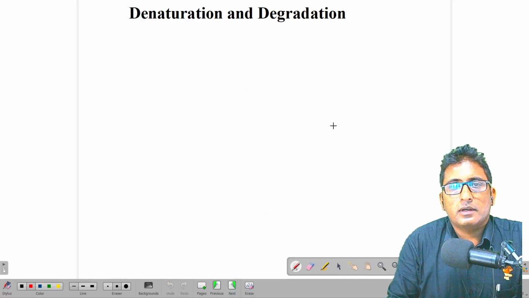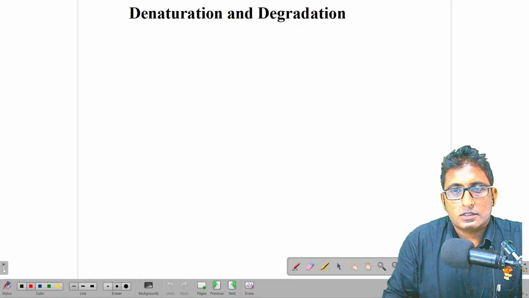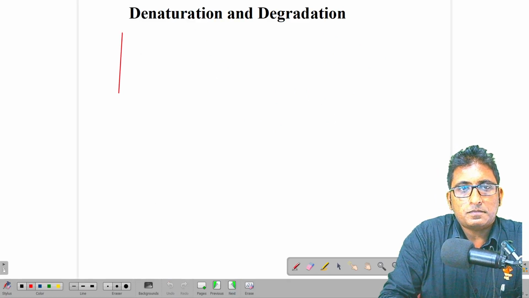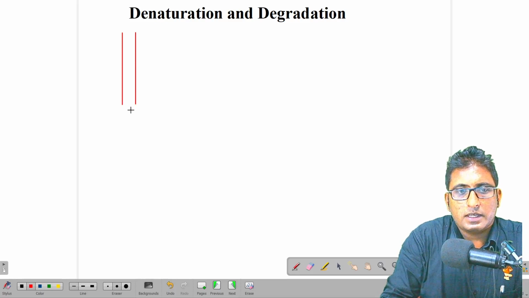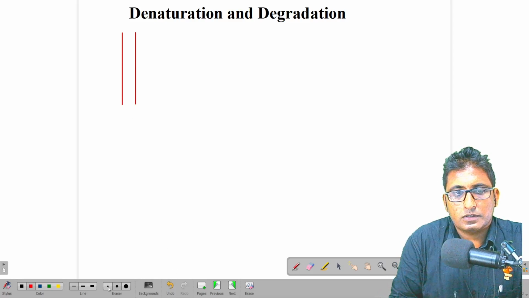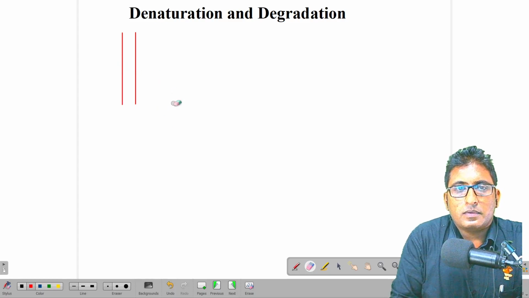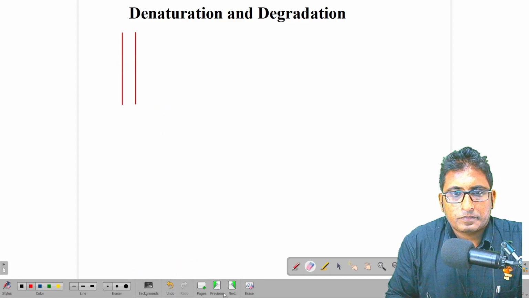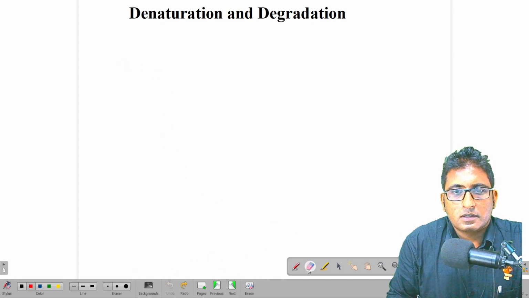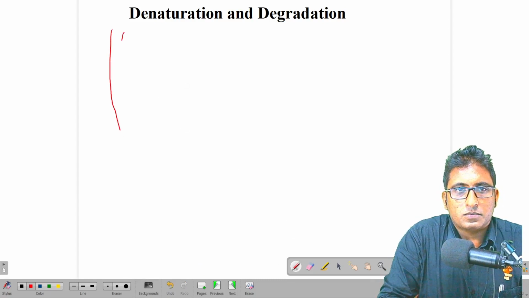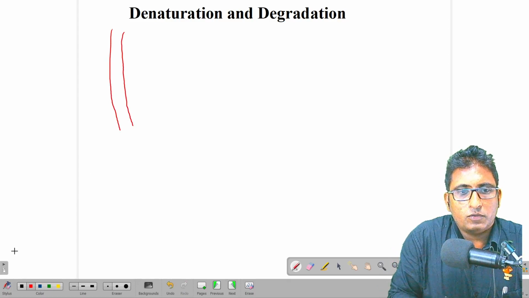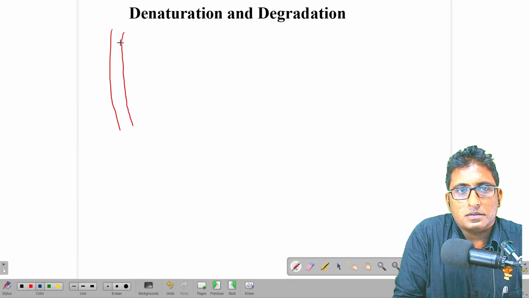There is one more important thing that we need to discuss, which is about the two words denaturation and degradation. What do they mean when we say denaturation and degradation? So we have two strands here, say this is a double-stranded DNA. I'm just putting it linear, and here we have the base pairs, the hydrogen bonds between these two strands.